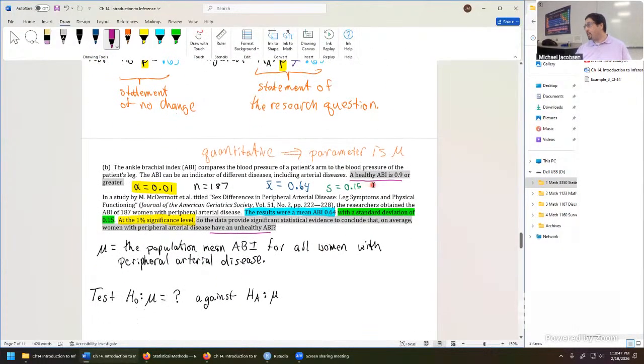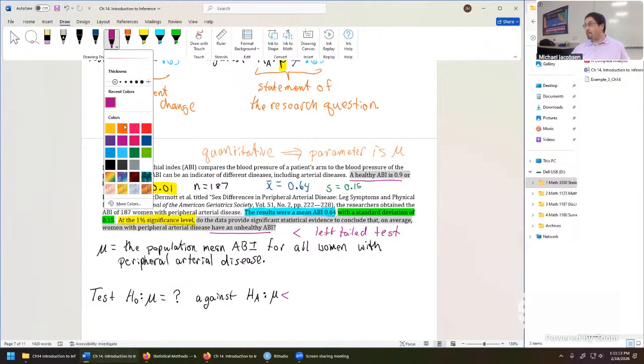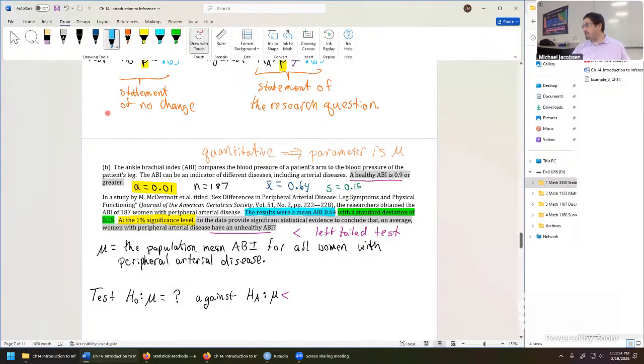If we're testing for unhealthy and healthy is 0.9 or higher, this is going to be a less than, for a left tailed test. So the language of the actual research question implies that specific direction. So we'll put less than here. It'll be less than this value, 0.9. That's going to be the hypothesized value, the value that we're going to test. So this one, we often write down as mu naught, and it will be equal to 0.9.